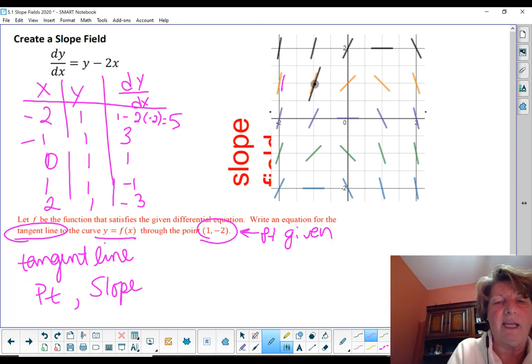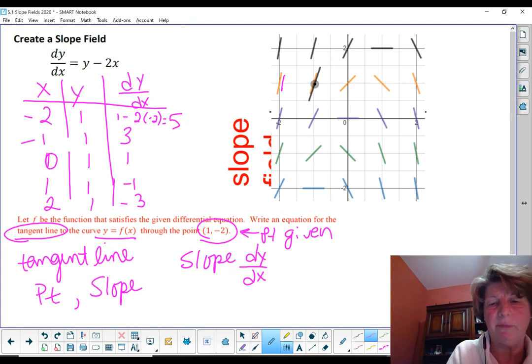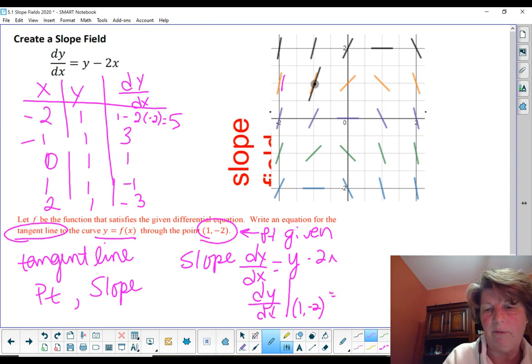And what about the slope? The slope I'm going to get from the derivative that was given to me. So dy/dx was equal to y minus 2x. If I calculate dy/dx at 1, -2, I would get -2 minus 2 times 1, and that would give me a slope of -4.